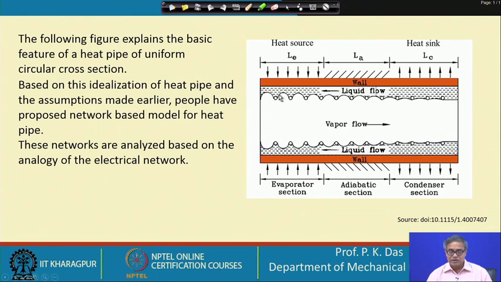Here we can see the menisci are curved, and as we move towards the condenser, the menisci are not curved, they are more or less flat. So, in the evaporator section they are curved, and towards the condenser section this curvature reduces, and ultimately they are more or less flat in the condenser section.